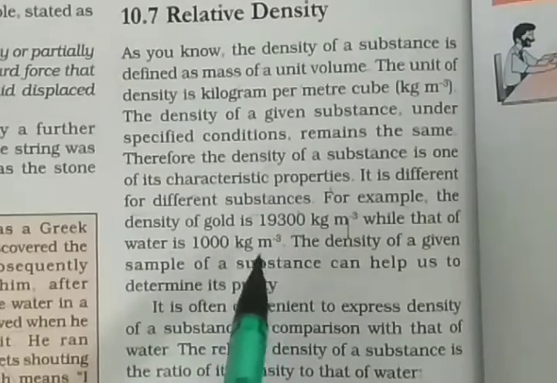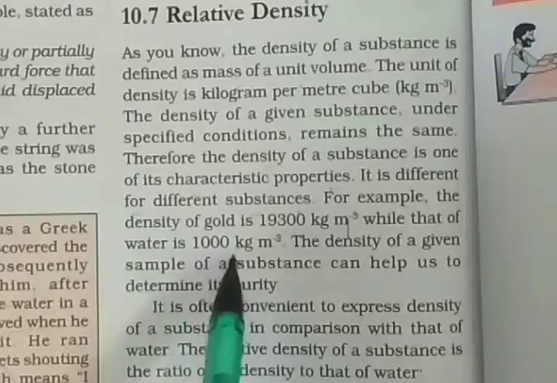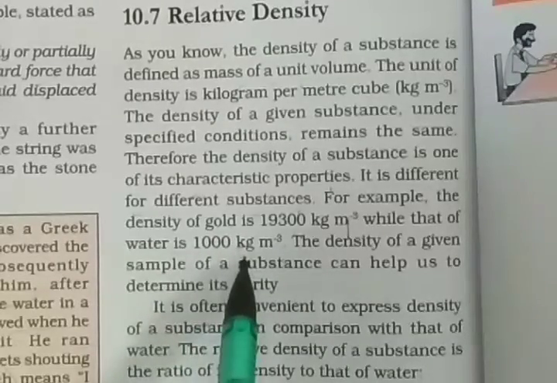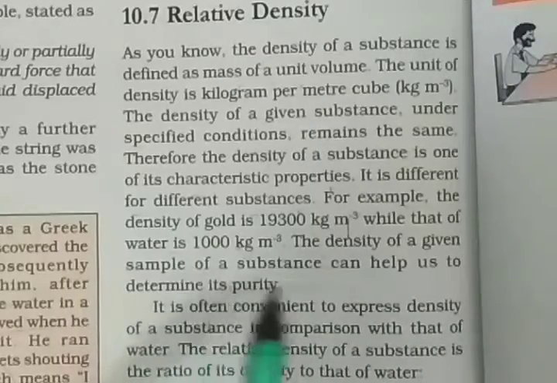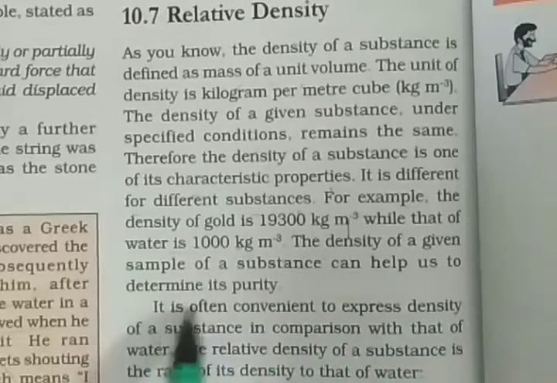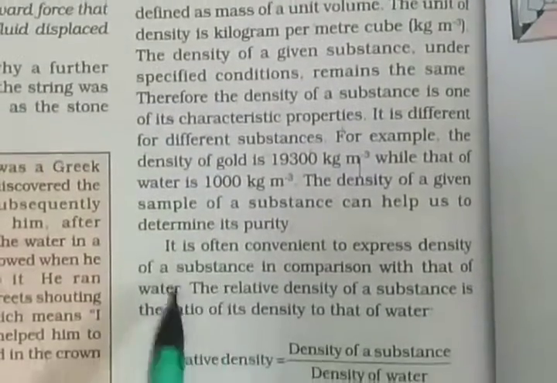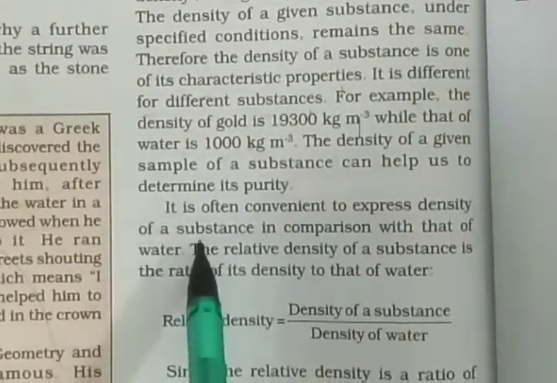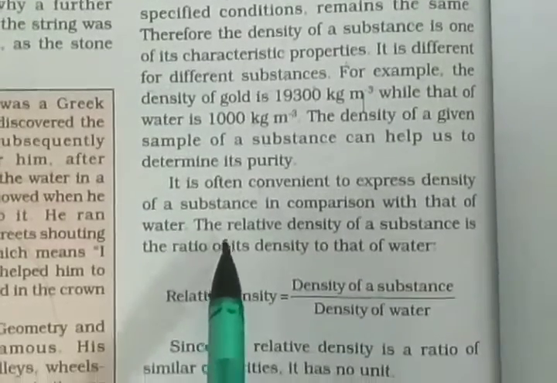If you make a box of the same dimension, 1 meter cube, and put water and weigh it, it will be 1000 kgs. The density of a given sample of a substance can help us to determine its purity. If it is impure or pure, we can check this by using lactometers.